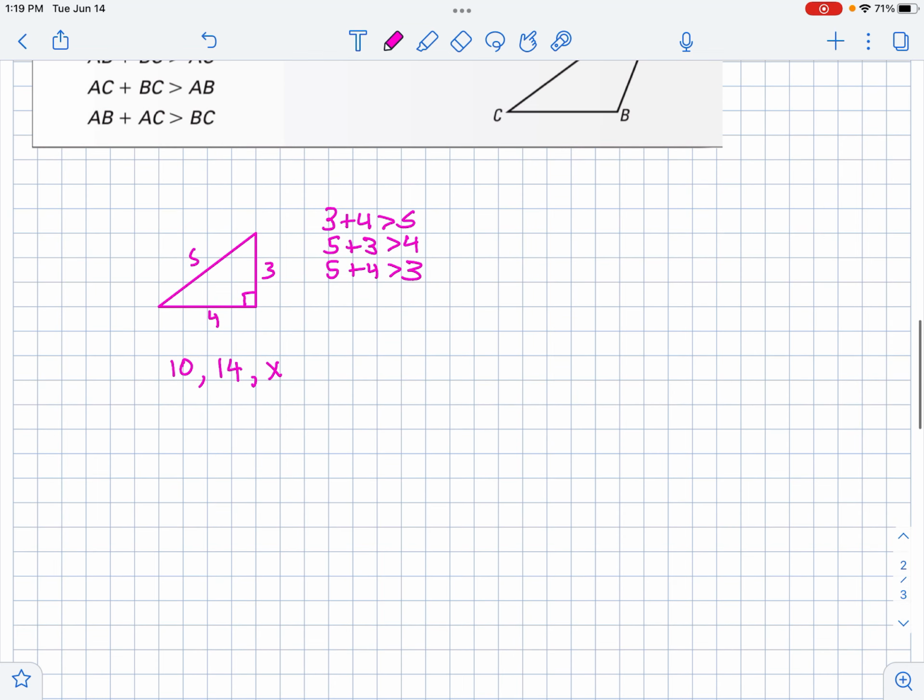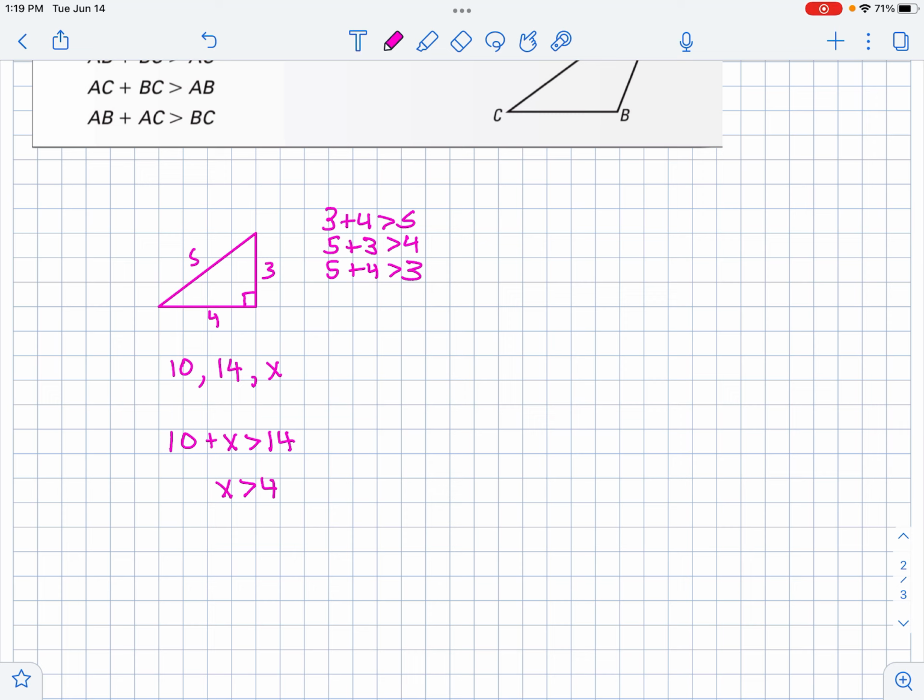We could say, okay, 10 plus x has to be greater than 14. Okay, so now just solving this, we get x greater than 4. So one of the things we know for sure is that x has to be greater than 4.